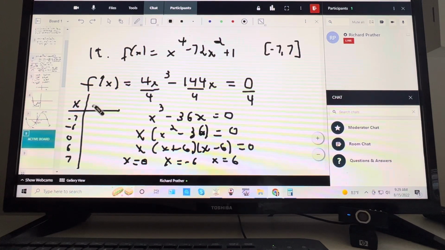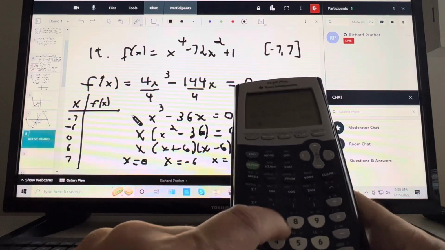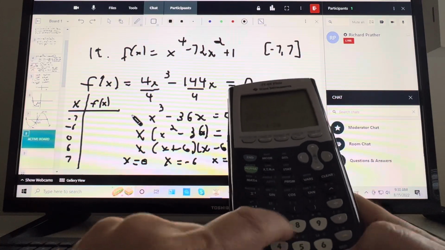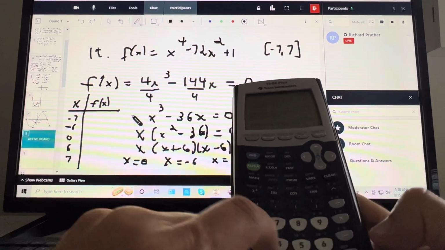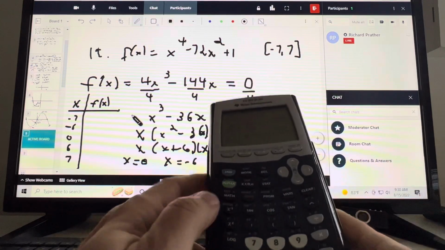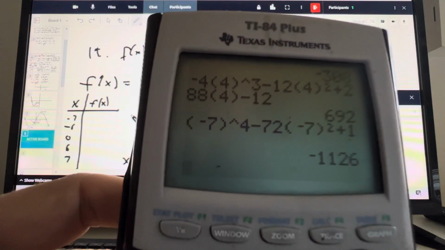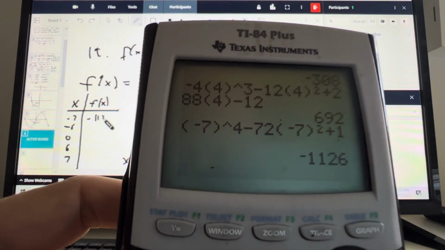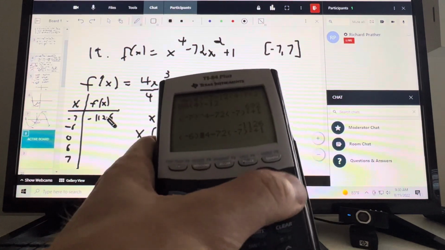And then if we plug them back into the original function, whichever one of these is highest or tied for the highest and lowest or tied for the lowest, these will be the absolute max and mins. So I need to do -7 to the fourth minus 72 times -7 squared plus 1. That is negative 1126. Second enter, change all the negative 7s to negative 6s.